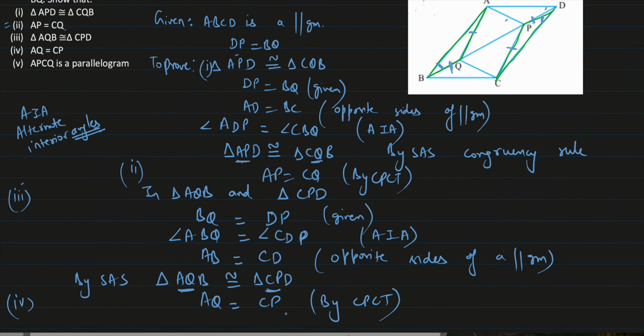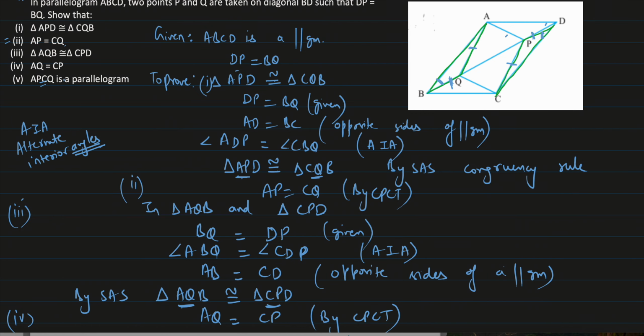Now the last part is asking you to prove that APCQ, this figure, is a parallelogram. Let me change the color. So how do we prove that it's a parallelogram? Very easy part. We have proved that the opposite sides are equal.